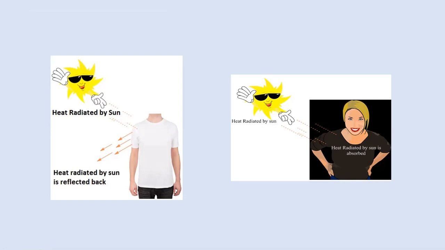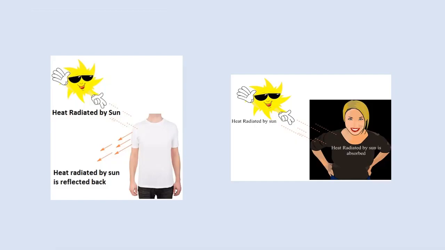But on the other hand, dark colors are good absorbers of heat falling on them. As a result, dark colored clothes absorb the maximum amount of heat they receive and make us feel warm and comfortable during winter. See, both these clothes have their application either way.